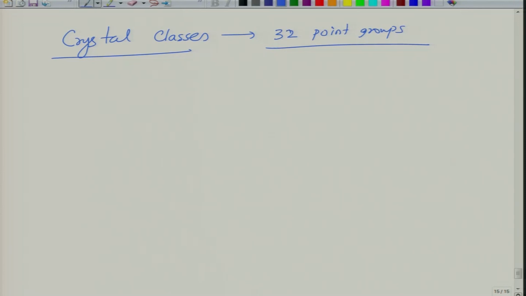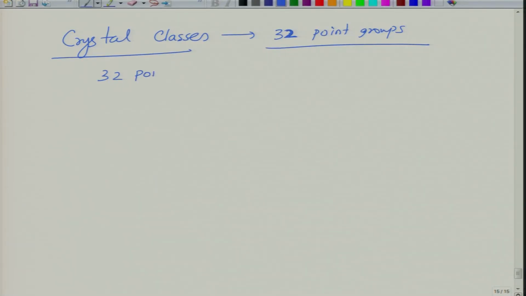The space group takes the motif into consideration, so these 32 point groups become some 230 space groups. We are not going to go into crystallography, but basically 32 point groups are 32 representations of points in a space, considering that the distribution of points in the space is space filling and symmetric.